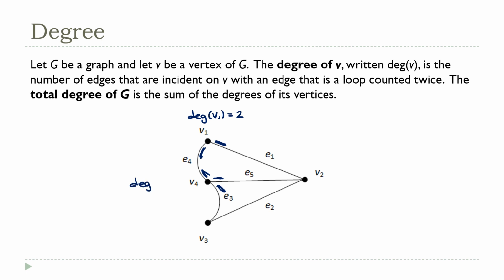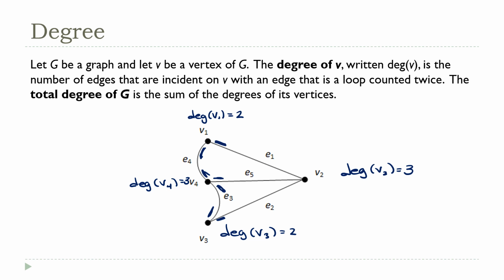So I would say that the degree of V4 is 3. If we continue working our way around here, the degree of V3 is 2. There are 2 edges incident to it. And finally, over here, the degree of V2 is going to be 3.